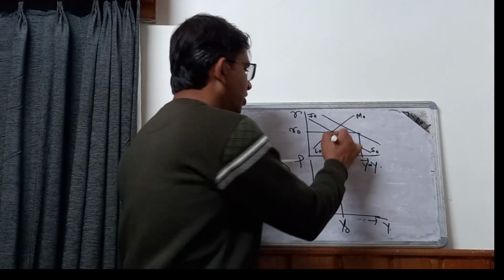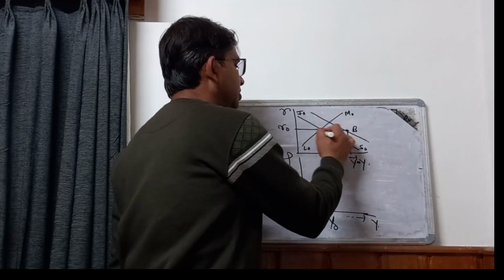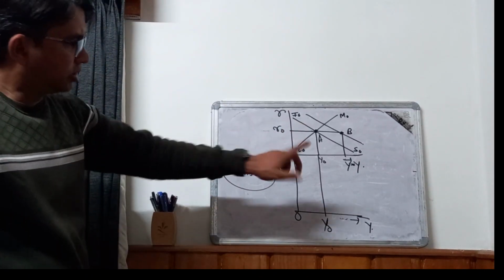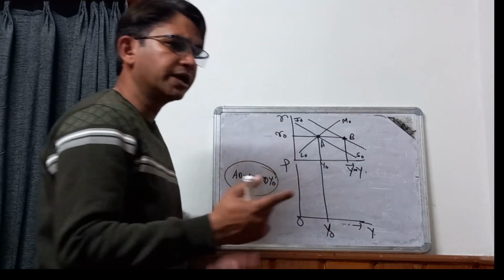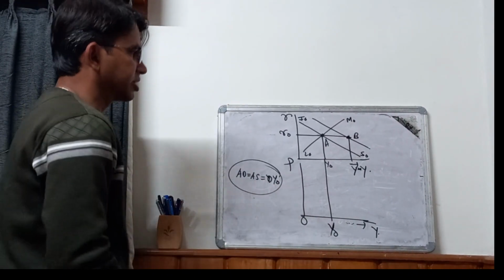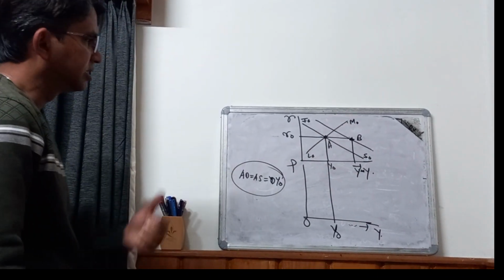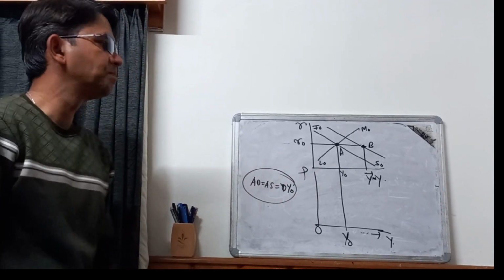So for the time being, the economy moves from point A to point B. B indicates equilibrium in the commodity market but disequilibrium in the money market. It is below the LM curve, and we know that this indicates an excess demand for money.